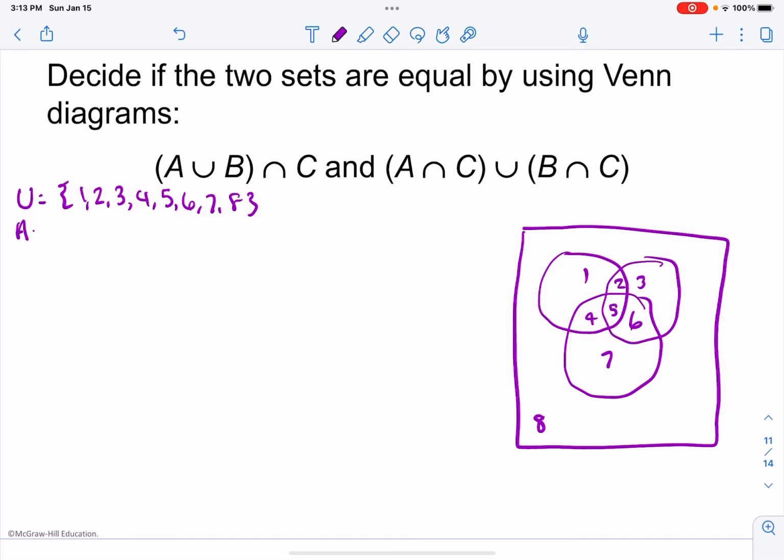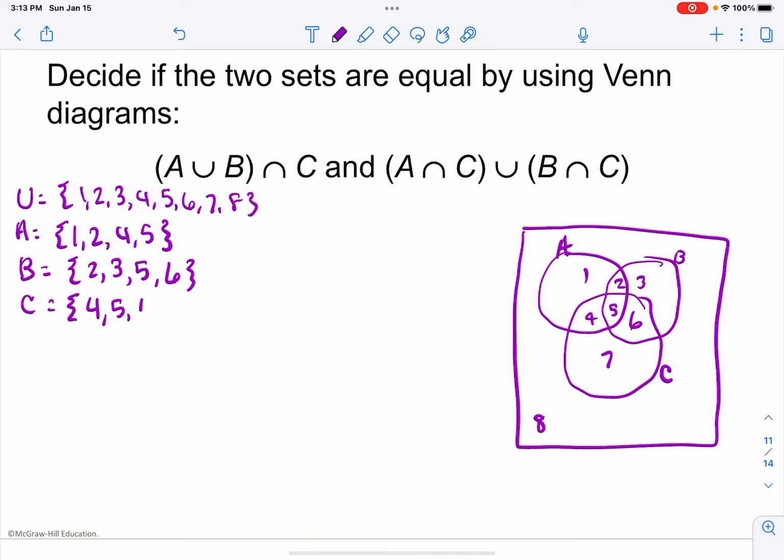This is A, B, and C. Set A is 1, 2, 4, and 5. B is 2, 3, 5, and 6. And C is 4, 5, 6, and 7.